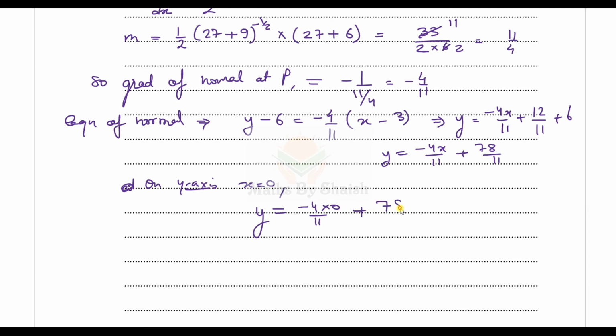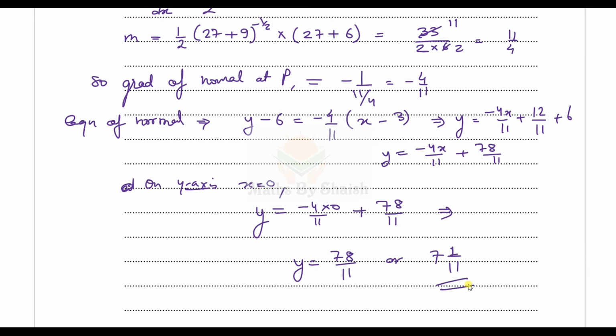So y is equal to 78 over 11, or we can write it as a mixed fraction: 11 times 7 is 77, so 7 plus 1 over 11. This is the y coordinate of the point where it intersects the y axis.